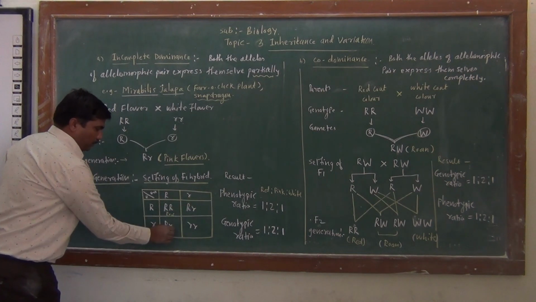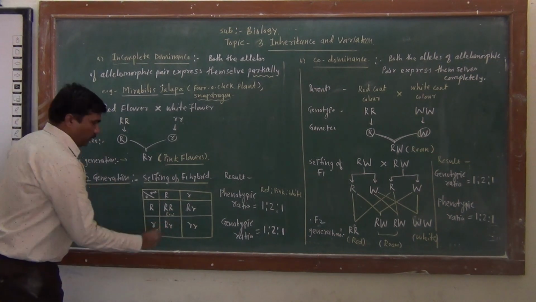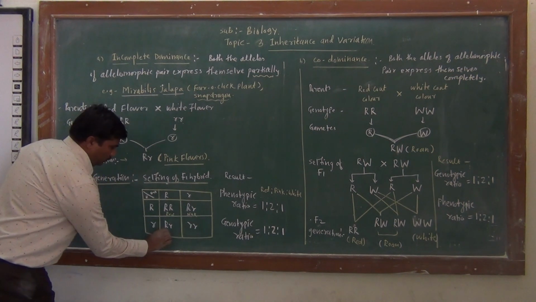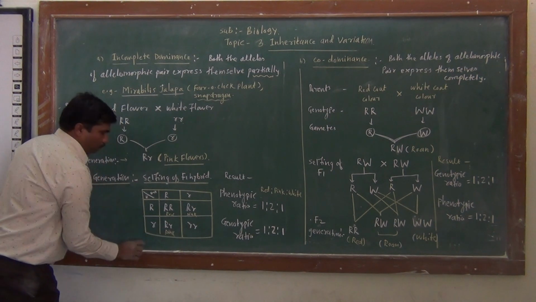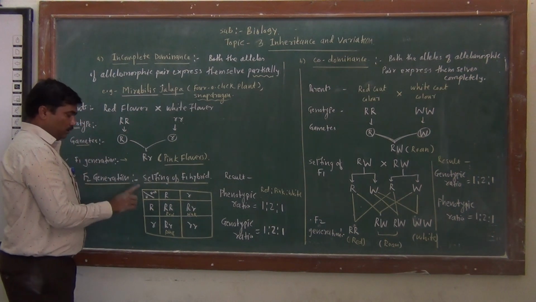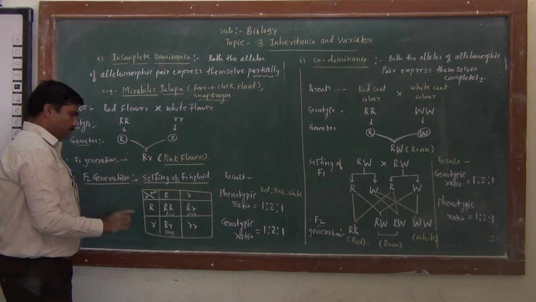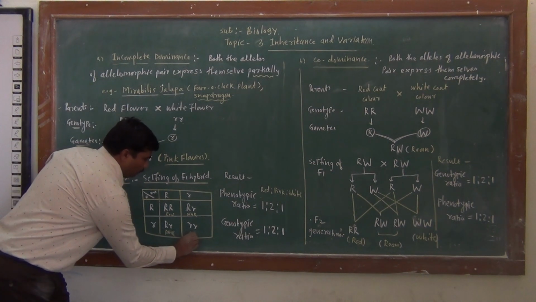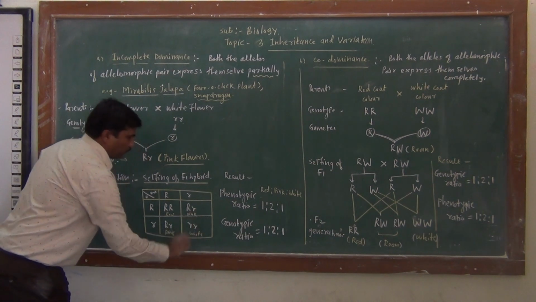This is the heterozygous condition in which flowers are pink. So the 2 flowers are pink. One is homozygous dominant, a red flower, and small r is the recessive trait, the white flower.